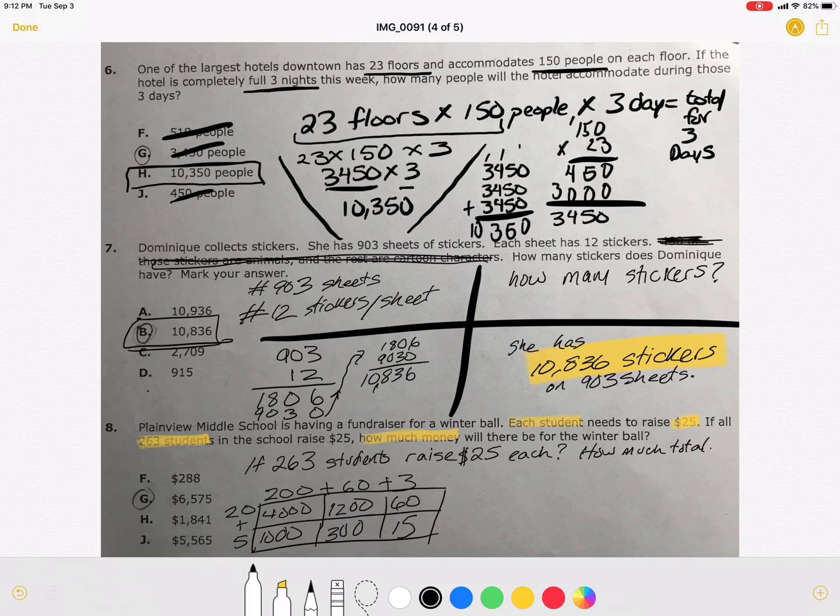Now we can do this in our head if we want to. 4,000 plus 1,200 is 5,200 plus 60. 5,260. And this is 1,315. Just like we were able to expand those out, sometimes if the numbers are convenient like this, we can just put them back together as easily.